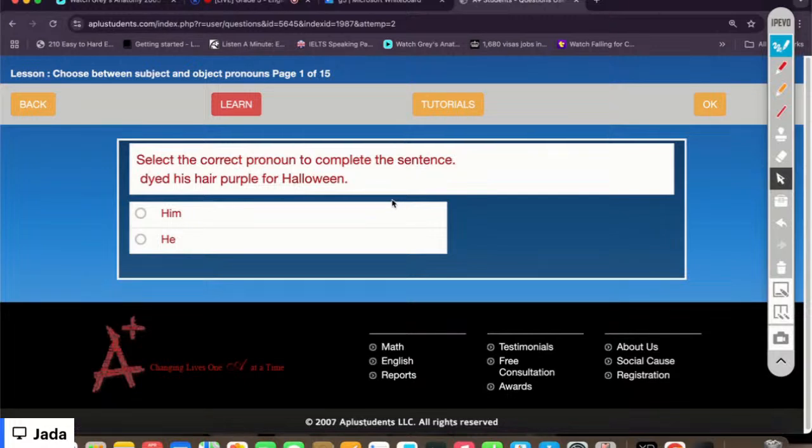So let's look at the test. Select the correct pronoun to complete the sentence. Dash dyed his hair purple for Halloween. Him or he? What's the most suitable answer here?